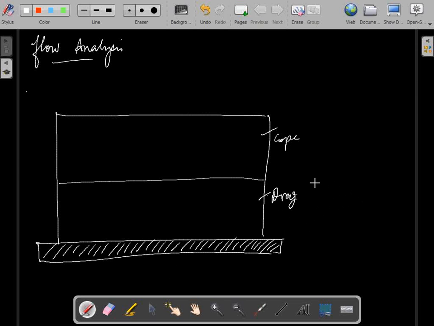Okay, and let me draw the components inside. All right, and then one by one we'll start discussing them.